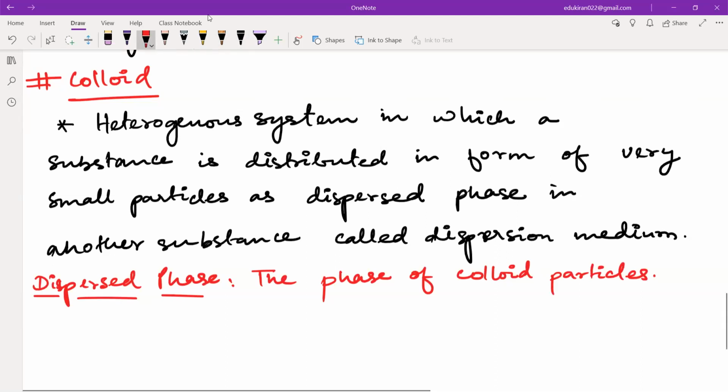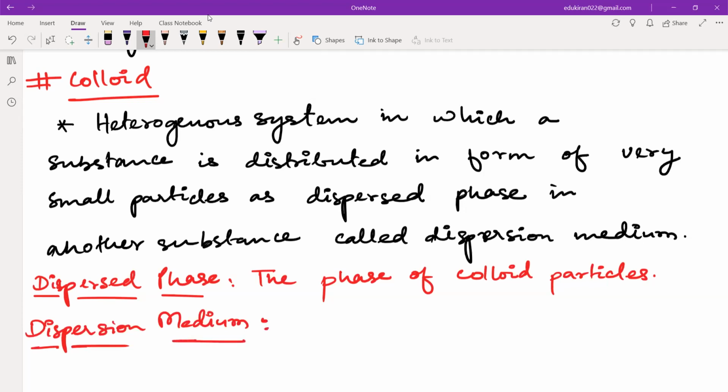Next, what do we have? Dispersion medium. When we add the dispersed phase to some substance, that substance is known as the dispersion medium. The medium in which dispersed particles are dispersed is called dispersion medium.